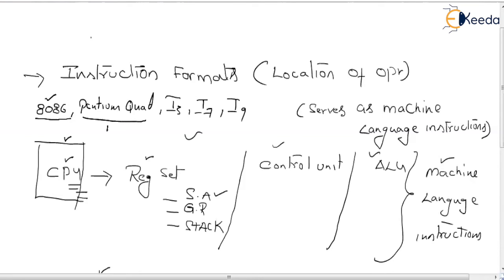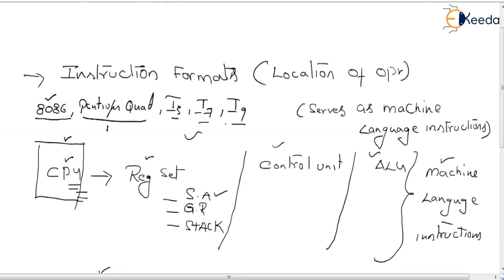The same program, when executed by the Pentium quad-core system, will be converted into the machine language instructions supported by the Pentium quad-core system. Similarly, i3, i7, i9, each and every processor in the world will have its own set of machine language instructions.